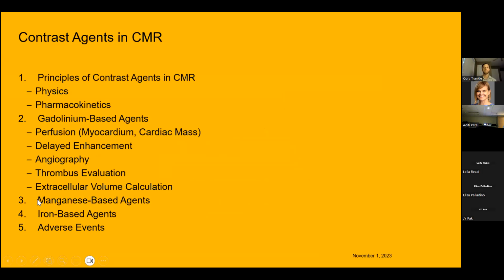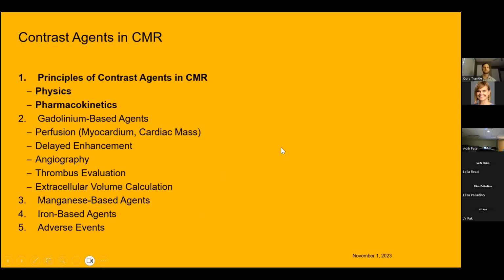Then I'll talk briefly about some of the alternative substances that are used in contrast agents, more in the investigative field, but some have pushed for using them in the clinical space more readily. And then I'll talk about some adverse events, which is a common source of questions from both providers referring for these studies and also the patients themselves.